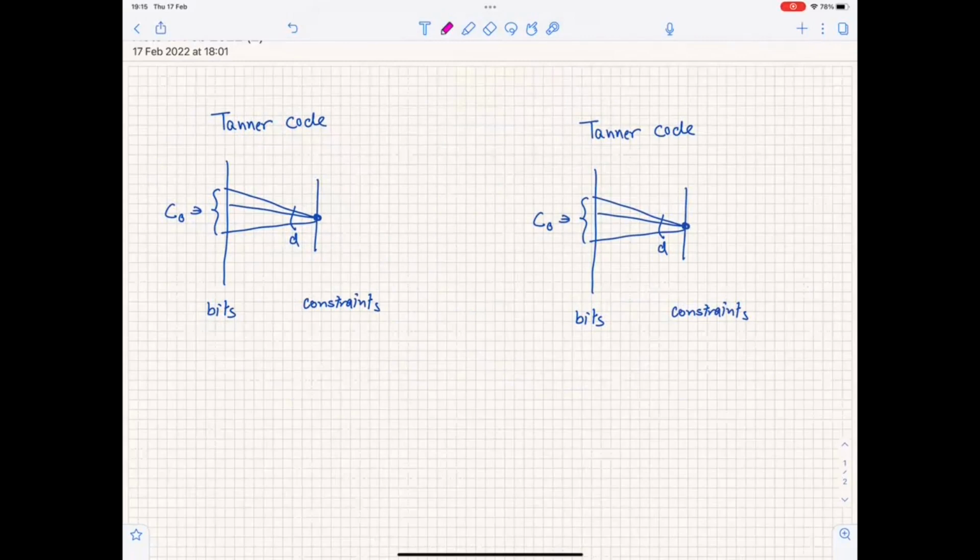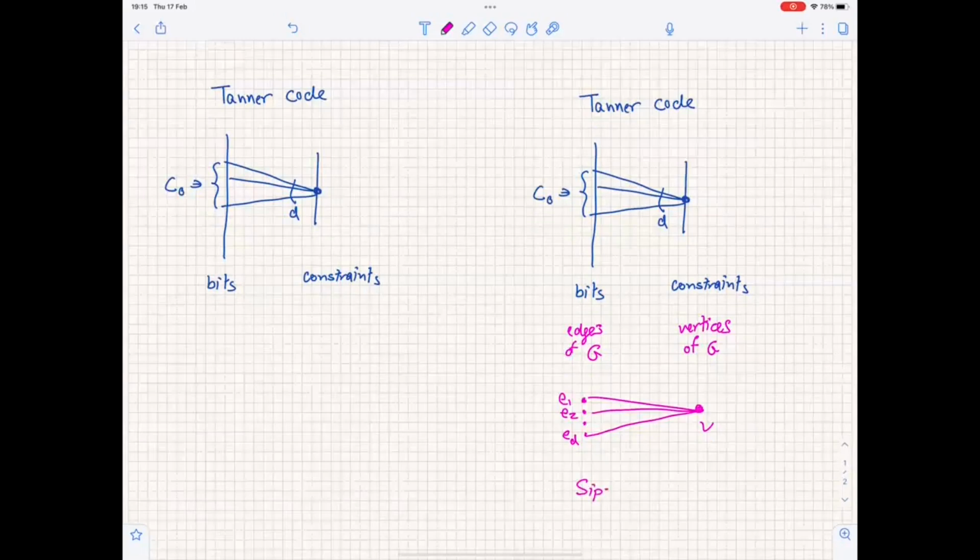I put here the edges of some other graph G, and here I put the vertices of G. A vertex V is connected to all the edges that touch it, E1, E2, ED. That gave me the Sipser-Spielman code, what we call expander codes.